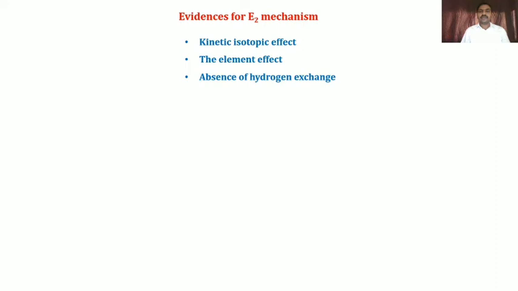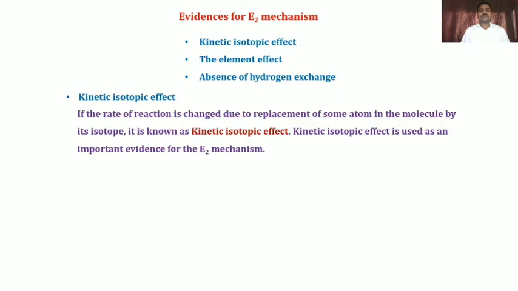Now, evidences for the E2 mechanism. There are three evidences for this mechanism: the kinetic isotopic effect, the element effect, and the absence of hydrogen exchange. So first is the kinetic isotopic effect. What is meant by kinetic isotopic effect?